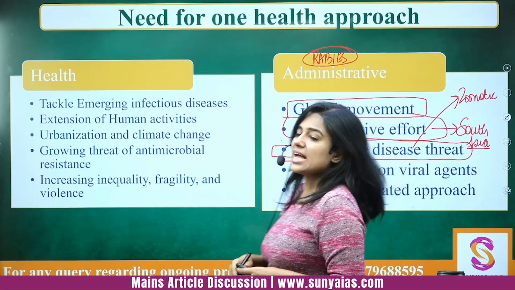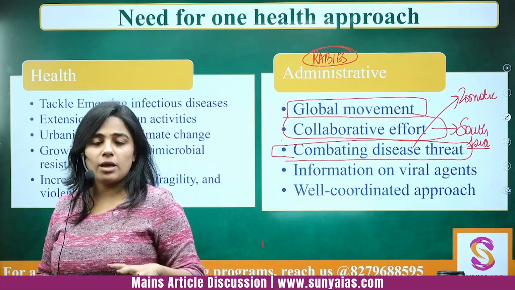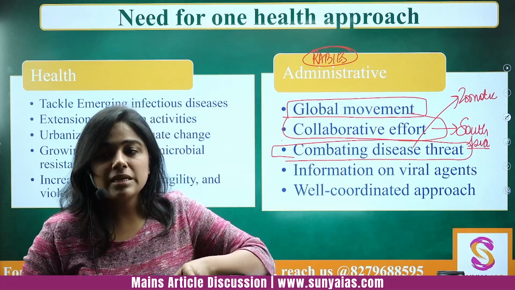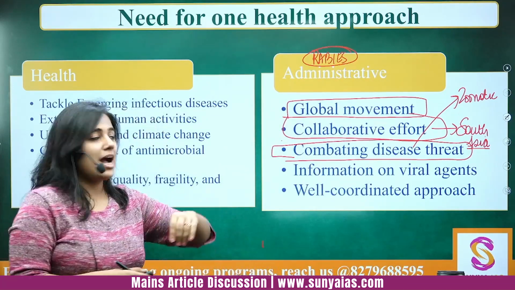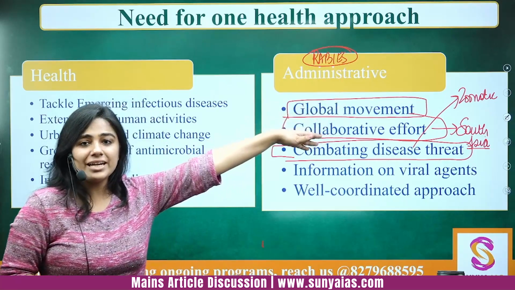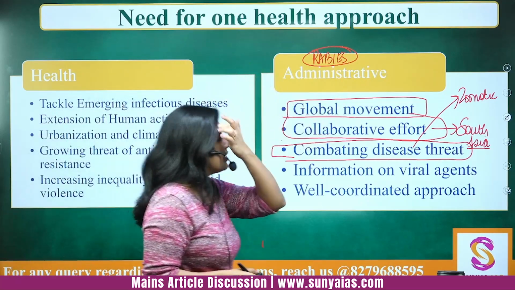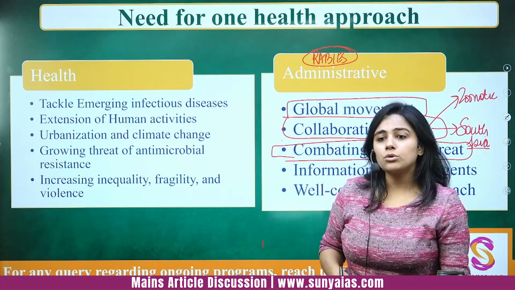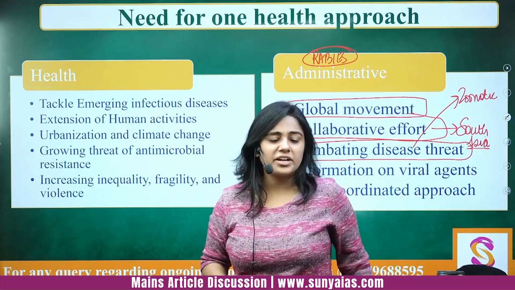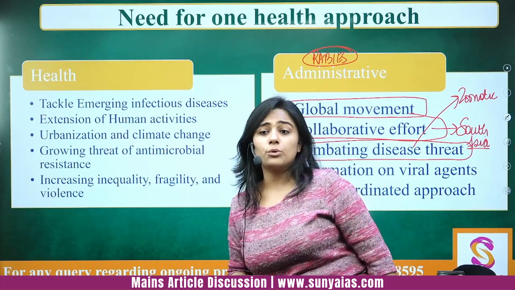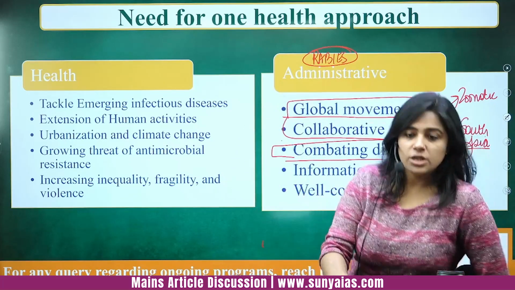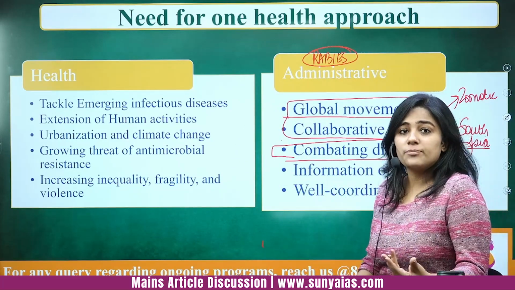And rabies has been eliminated in most of the developed world. But rabies cases in India are the highest in the world. Why is that? Because we do not have a One Health approach. Our approach is very haphazard when it comes to dogs and monkeys. We don't know what to do with the stray dogs. We don't have an adoption regime, right?